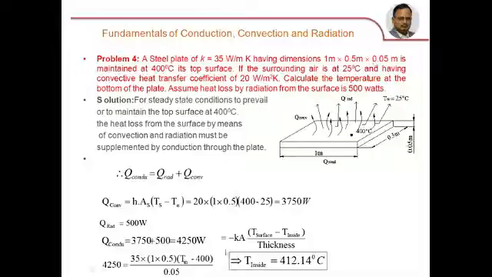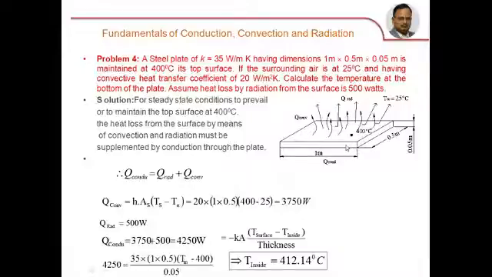It is given as 0.05 meters. This will give you the inside plate surface temperature as 412.14 degrees centigrade. Now the bottom surface is at 412, the top surface is at 400.